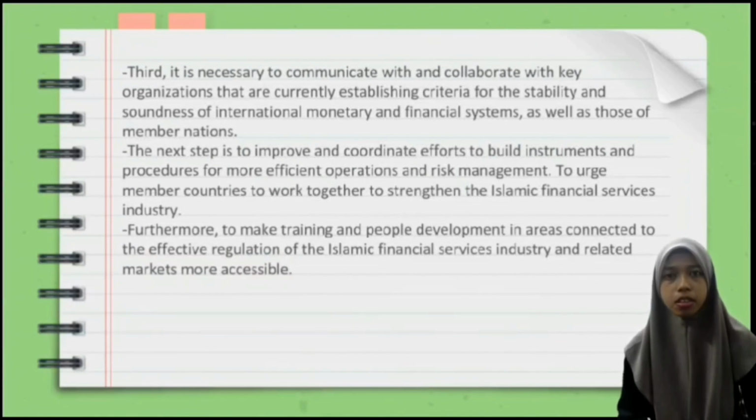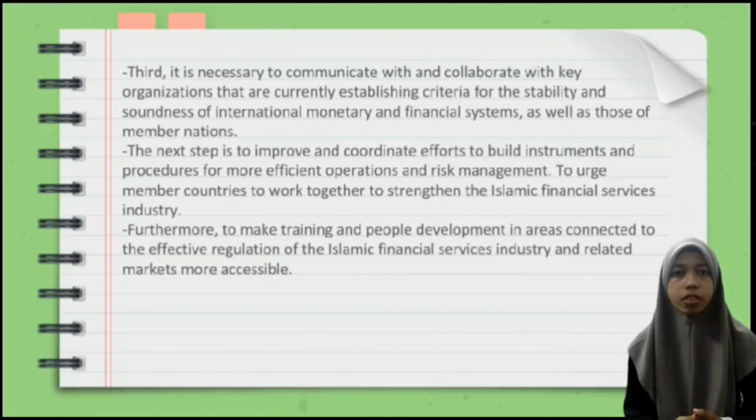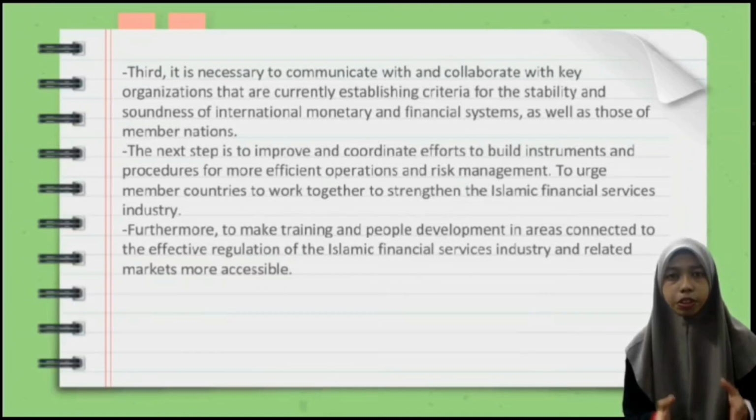The next step is to improve and coordinate efforts to build instruments and procedures for more efficient operations and risk management, to urge member countries to work together to strengthen the Islamic financial services industry. Furthermore, to make training and people development in areas connected to the effective regulation of the Islamic financial services industry and related markets more accessible.